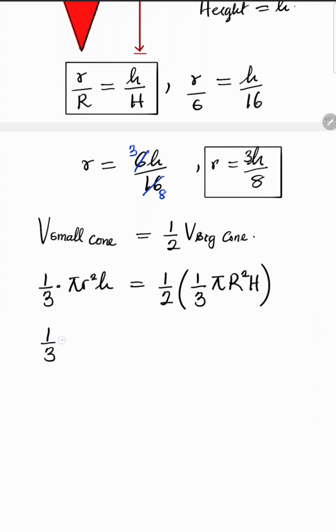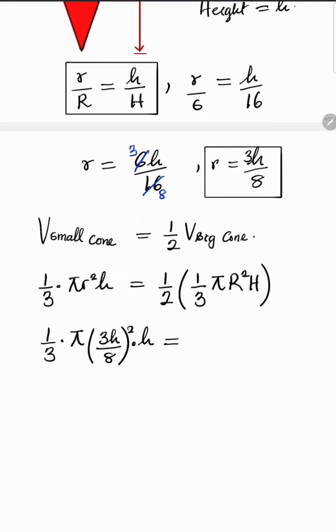We have 1 over 3. Our constant pi is there. The radius, which we are not given, and height we are not given as well. And the radius has been expressed as 3h over 8. So I can substitute it, 3h over 8 all square, still multiplied by h, I mean this h.